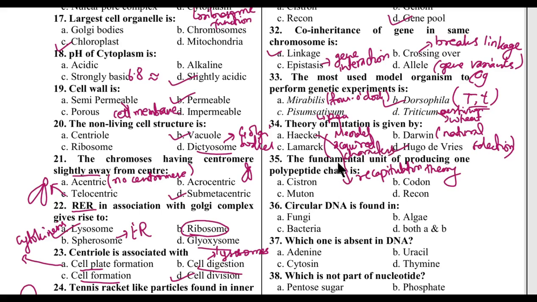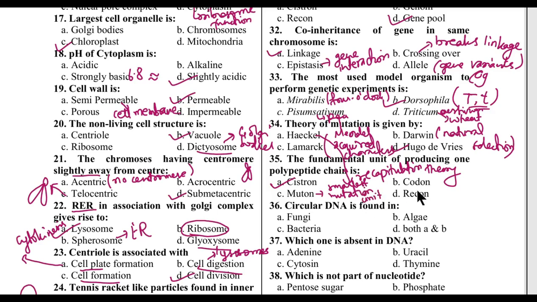Question 35: the fundamental unit producing one polypeptide chain is called, obviously the answer is cistron. Talking about codon, it codes for an amino acid, and the muton is the smallest mutation unit.